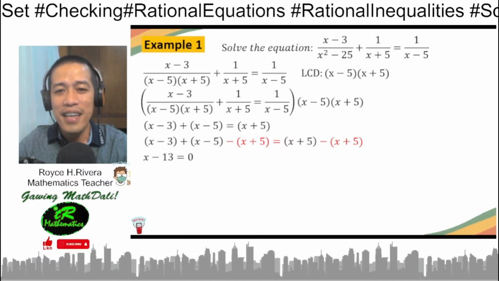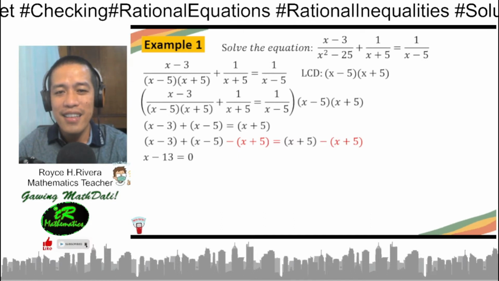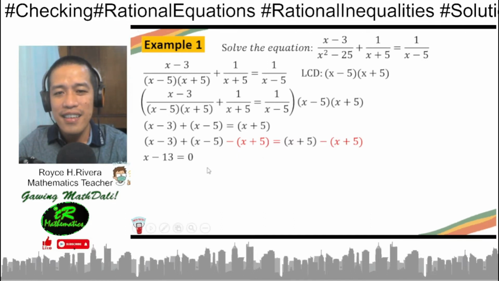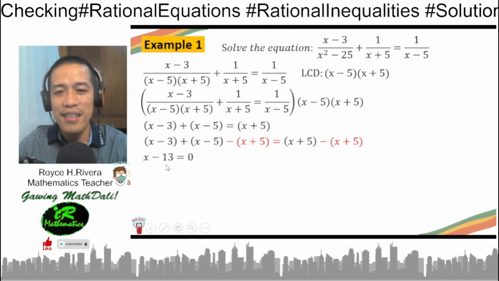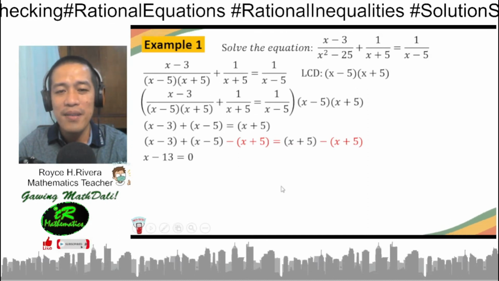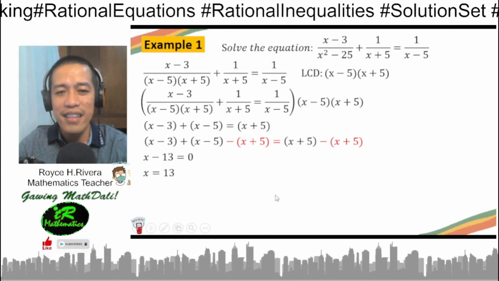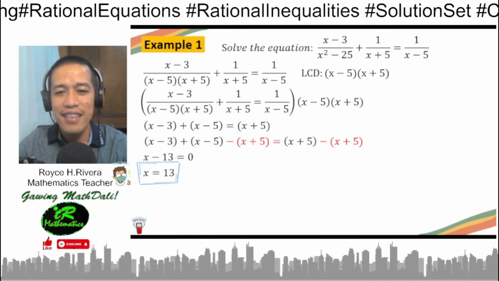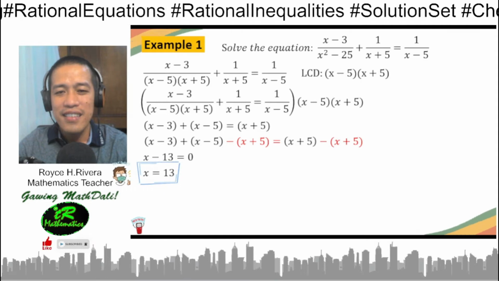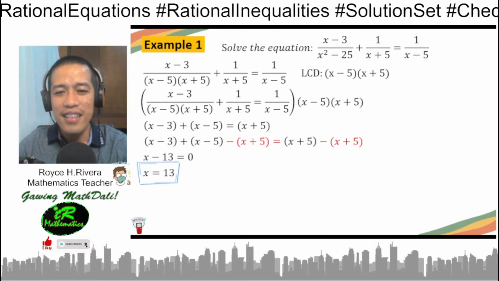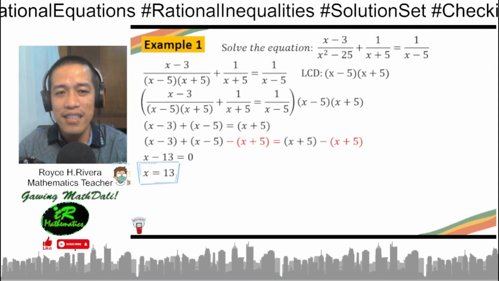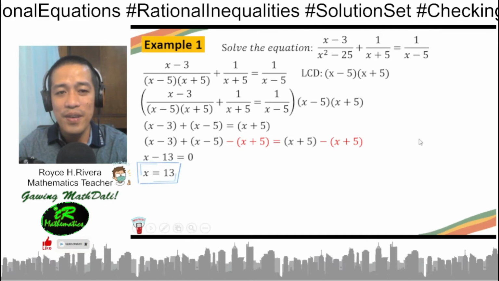Now we solve for x by adding the additive inverse of negative 13 to both sides of the equation. We will have x equals 13. So 13 is the value of x that will satisfy the equation.